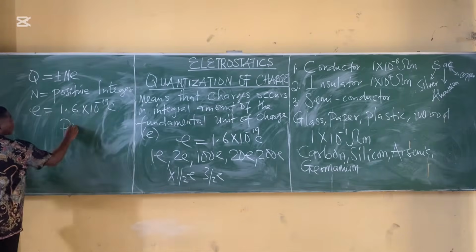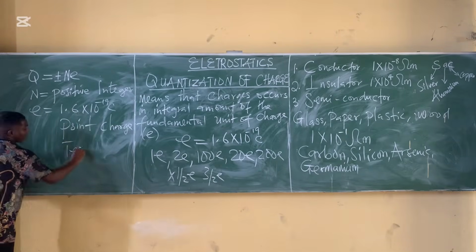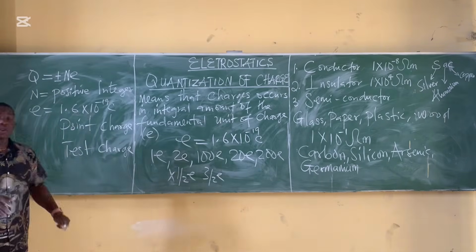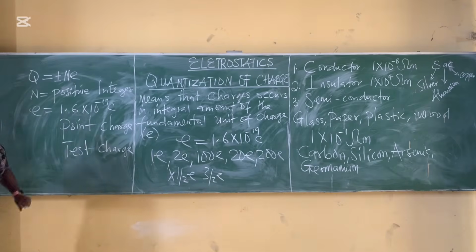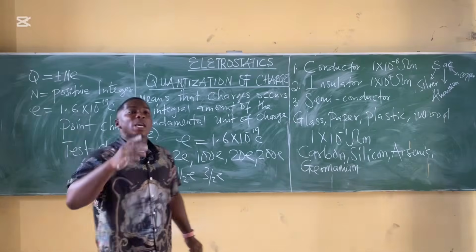In Coulomb's law, we have two types of charge: a point charge and a test charge. If you look at most questions in your textbooks, you always see this word point charge, you always see this word test charge. Now let's look at the difference. What's a point charge?